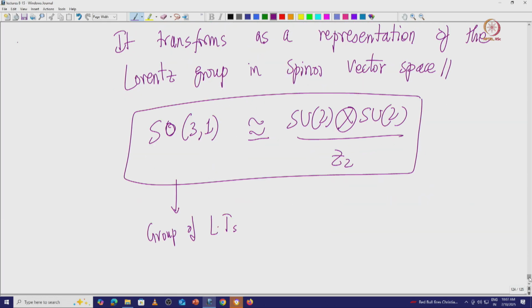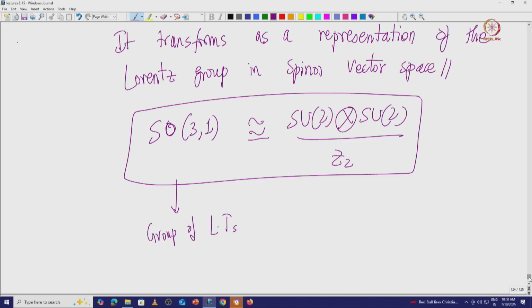Now let's look at this. Let's imagine that somebody gave you this equation, or some mathematician told you that SO(3,1) is isomorphic to SU(2) times SU(2). So the representations of SU(2) are also representations of the Lorentz group. On the right hand side, SU(2) times SU(2) direct product, forget about Z2 for the time being; we will come back to it a bit later by the modding of Z2.